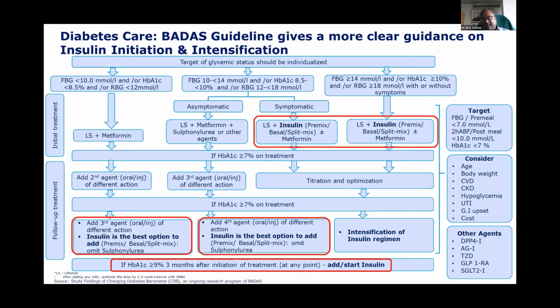And then you intensify the insulin regime. Another thing is this, if hemoglobin A1C is more than 9% continuously for 3 months after initiation of treatment with any drugs, even with OAD, at any point you start or add insulin. This is the BADAS guideline from our perspective.